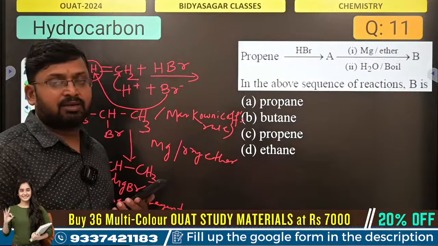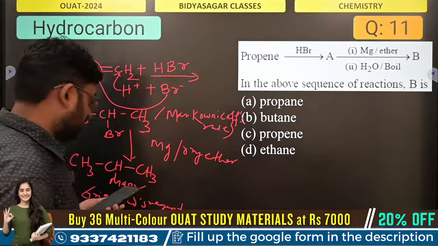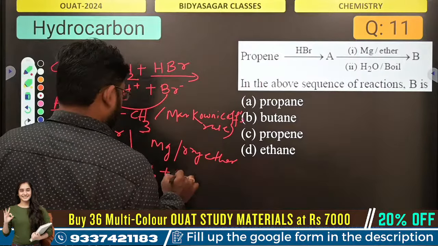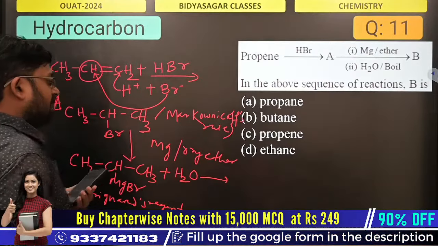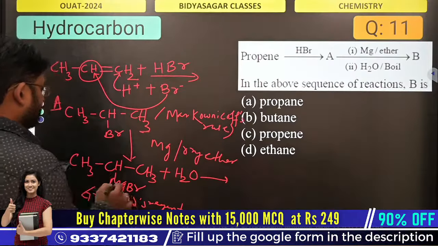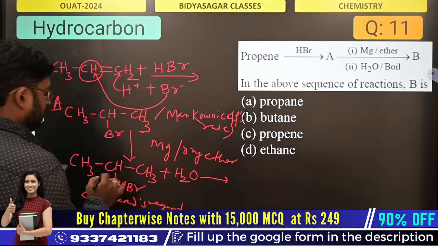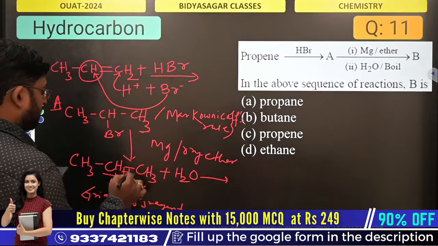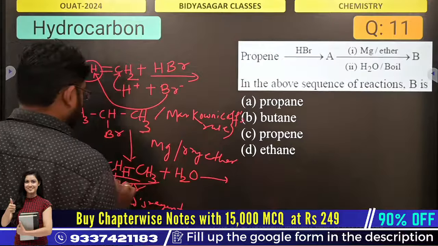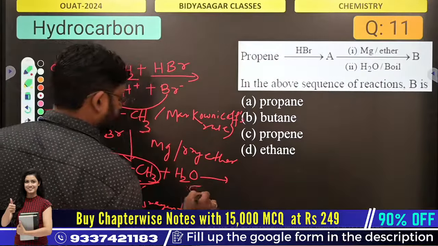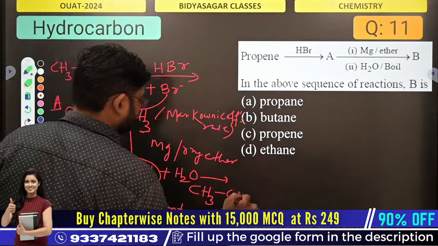Any haloalkane with Mg in dry ether medium gives Grignard's reagent, that we know. Water, a molecule having active hydrogen, reacts with the alkyl part of the Grignard's reagent, and it gives propane.